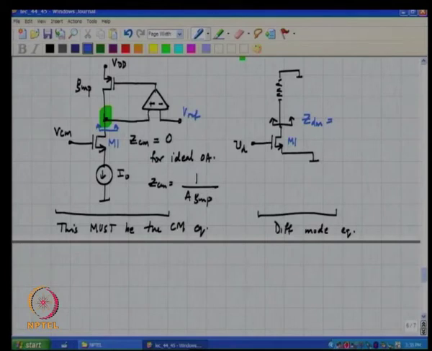We want it to be the output impedance of that current source, which we ideally hope to get, I mean ideally we would like it to be infinite, but in practice we will take whatever we get, in the sense that if you maintain the transistor in saturation, its GDS is what we would like to get. Okay. Now our job is to find a circuit whose common mode equivalent looks like this and whose differential mode equivalent looks like this, right.